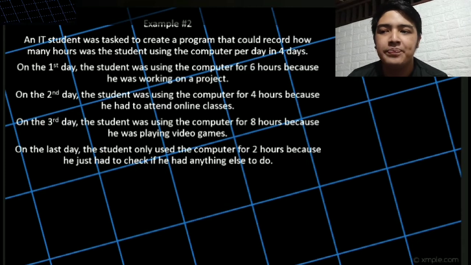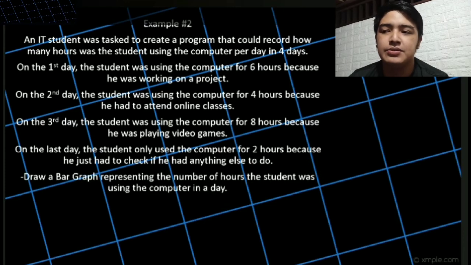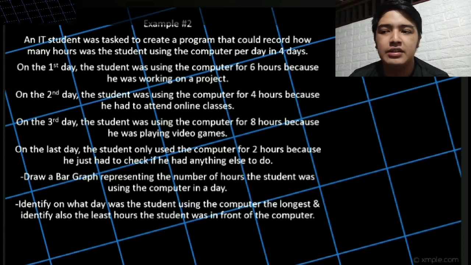On the last day, the student only used the computer for 2 hours because he just had to check if he had anything else to do. The first objective is to draw a bar graph representing the number of hours the student was using the computer in a day. The second objective is to identify on what day the student used the computer the longest, and also the least hours the student was in front of the computer.